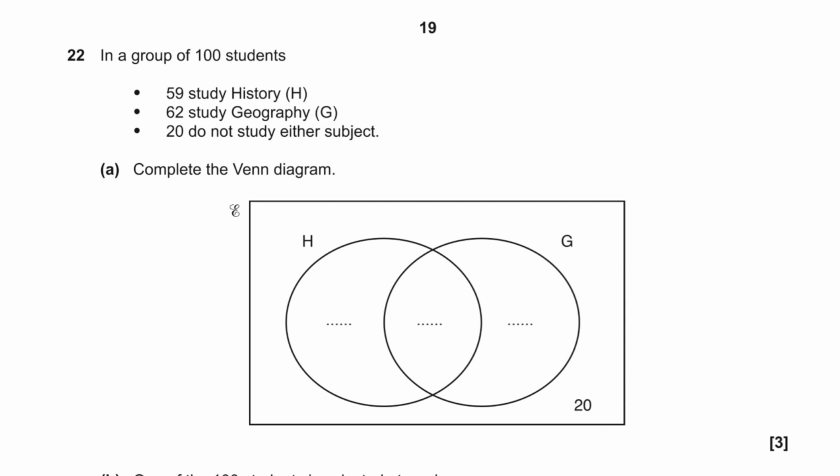Well, over here, the total for H is equal to 59, and the total for G is equal to 62.